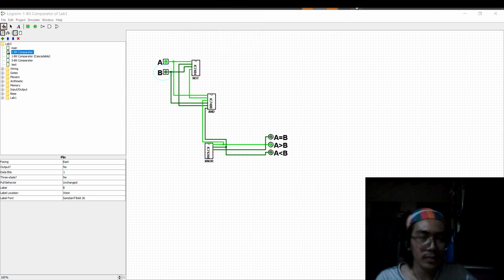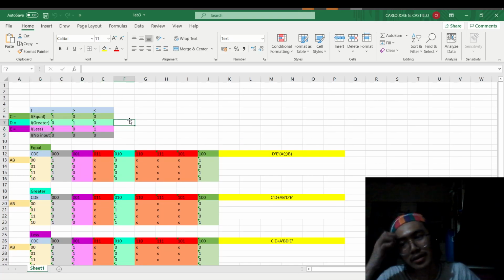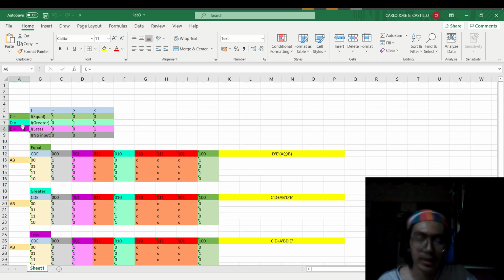So I created a K-map for that. This is the main idea right here. You have additional inputs C, D, E, and this C, D, E is actually the result of the comparison of the previous comparator.